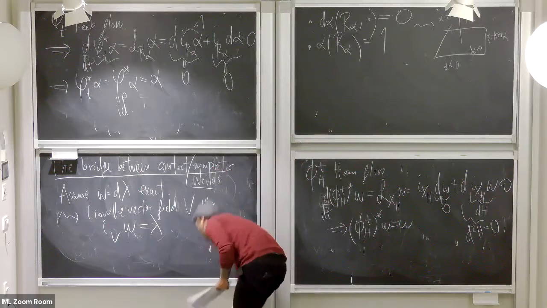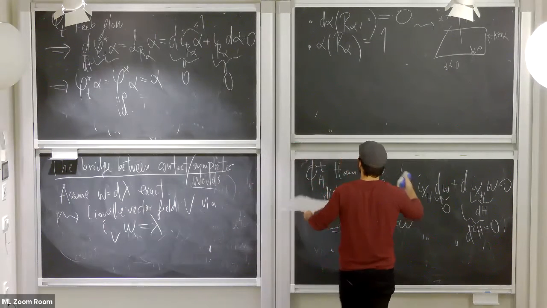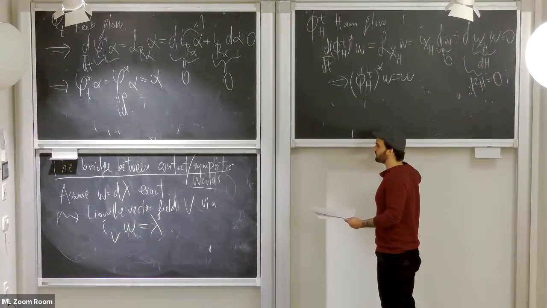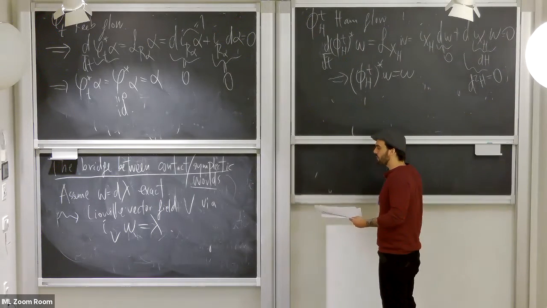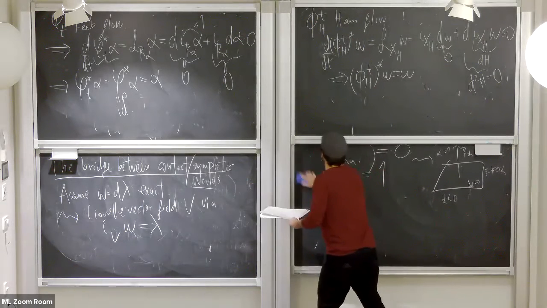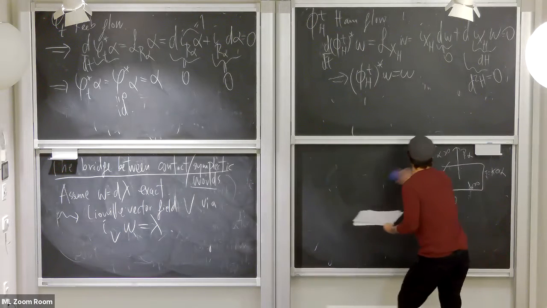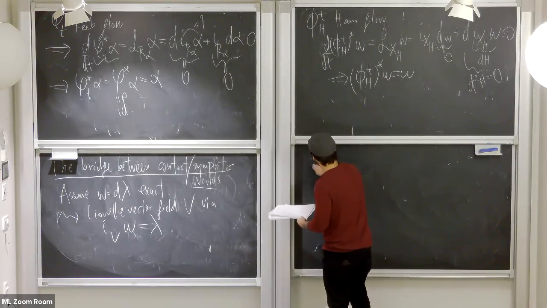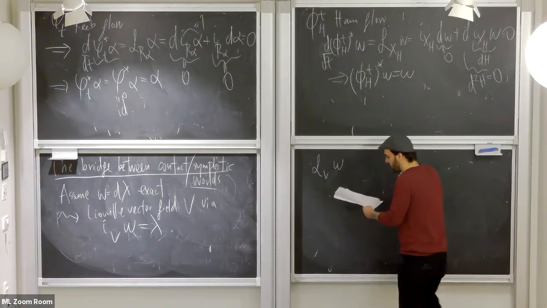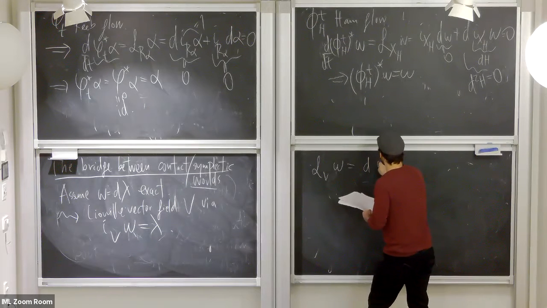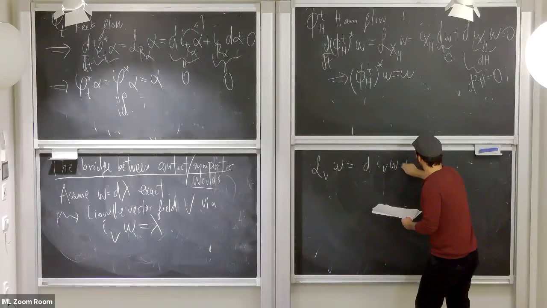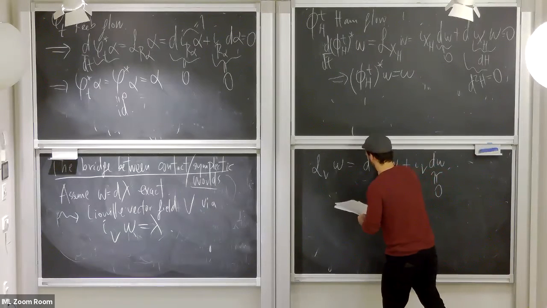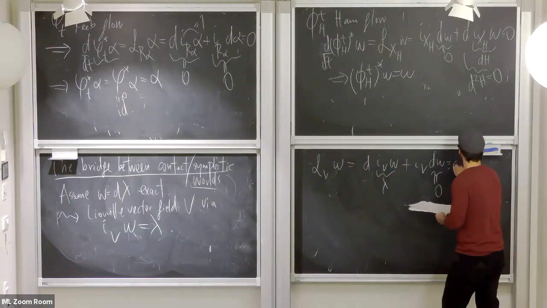But what is this vector field doing? We saw that the Reeb vector field and the Hamiltonian vector field preserve the corresponding forms, and in particular preserve the corresponding geometries. The Liouville vector field is doing something similar, but not exactly. It's actually exponentiating the volume rather than preserving it. When I look at the Lie derivative of omega with respect to V, this is again the Cartan formula. This term is 0, and this is by definition lambda, so this is d lambda, which is omega.